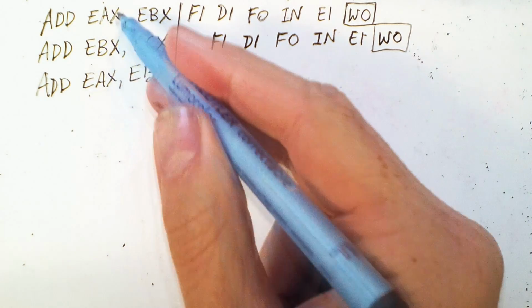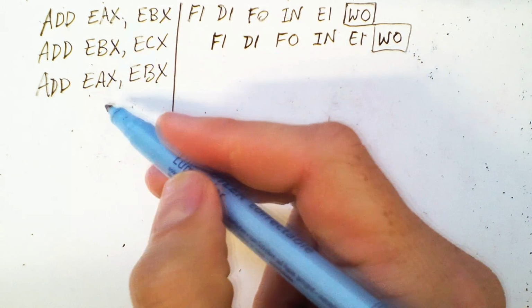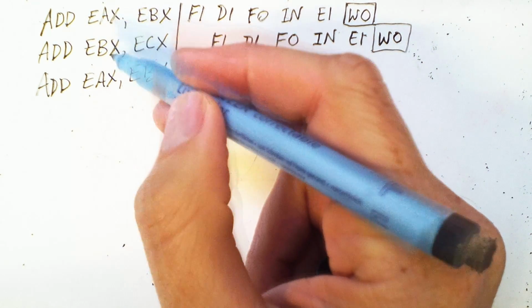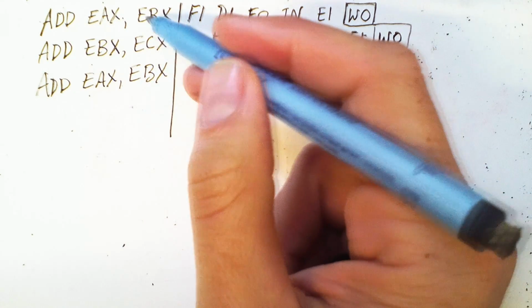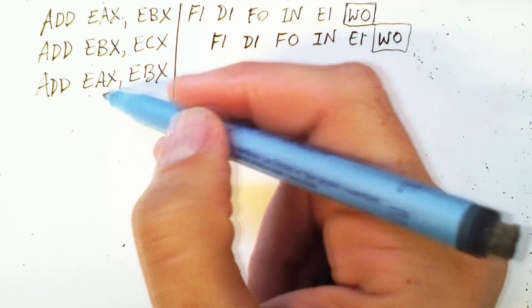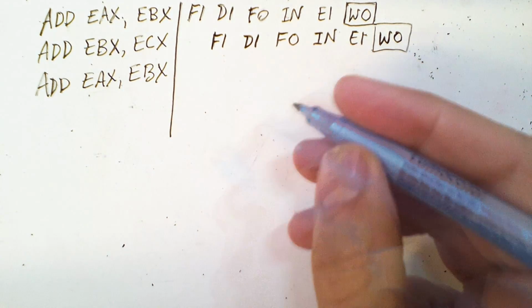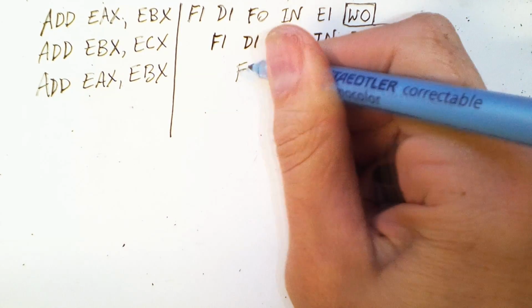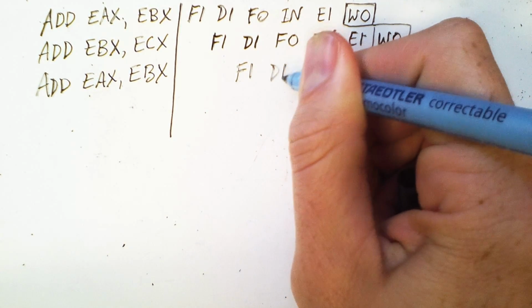Now, for this final instruction, I'm adding the values of EAX and EBX. And since this occurs after those two instructions, I clearly mean to add the modified values. So whatever these got changed to in the previous two instructions, that's what I want to add on this third instruction. So I can still fetch the instruction at the usual point and decode it at the usual point.